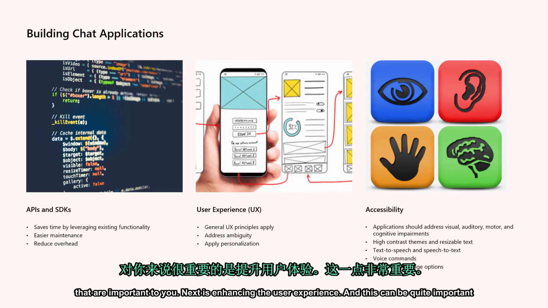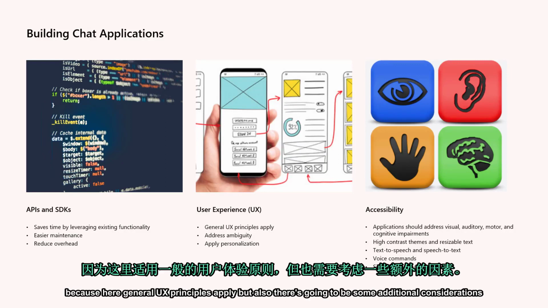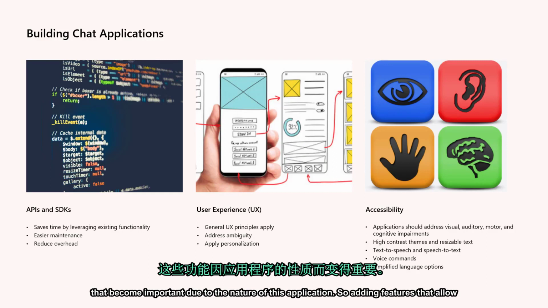Next is enhancing the user experience. This can be quite important because general UX principles apply, but there are also some additional considerations that become important due to the nature of this application.